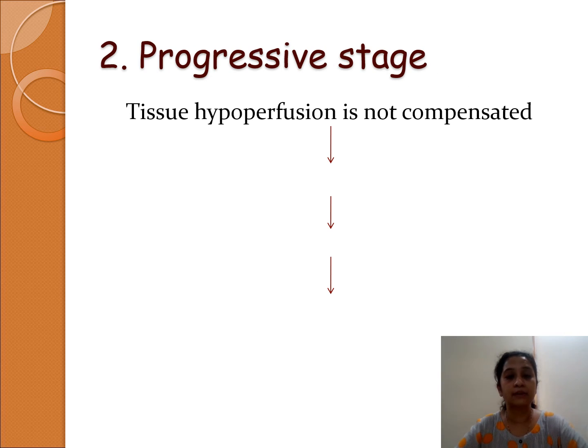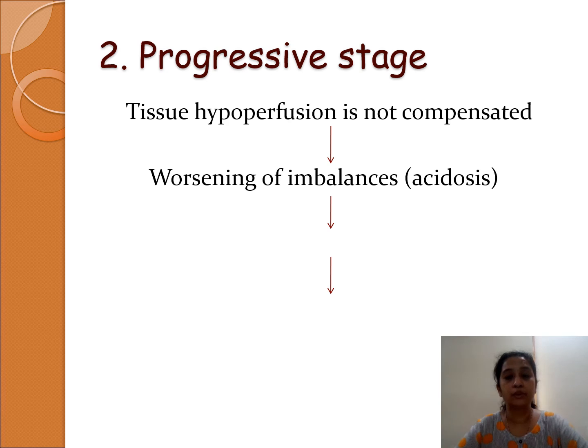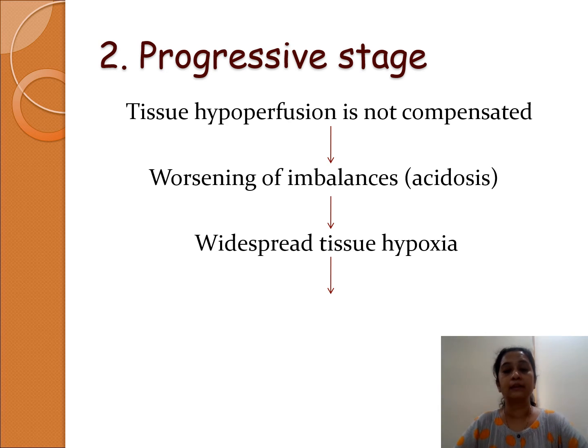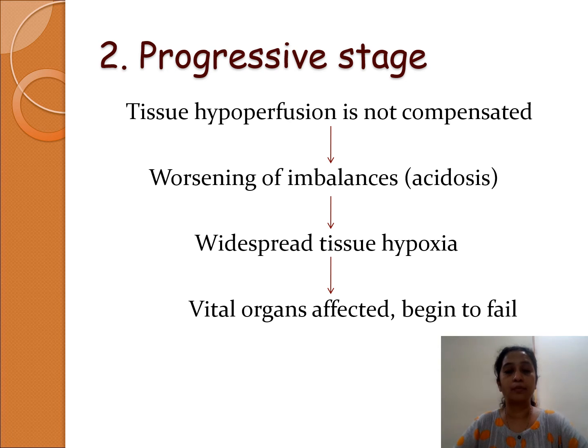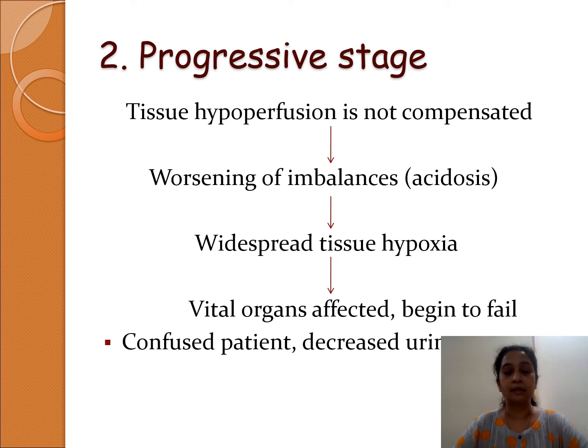In the progressive stage, the tissue hypoperfusion is not compensated. There is worsening of the metabolic imbalances, like there is acidosis, then there is widespread tissue hypoxia, and the vital organs get affected and begin to fail. The patient is confused because of reduced oxygen to the brain.